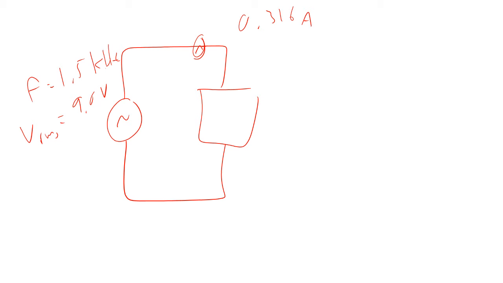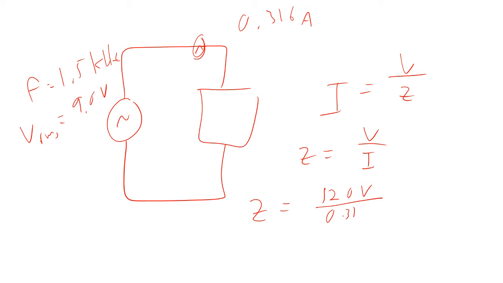Okay, well, this is now an AC circuit, so you know the current is going to be V over Z. So the Z is just going to be V over I. So the impedance is now going to be 120 volts divided by 0.316 amps.